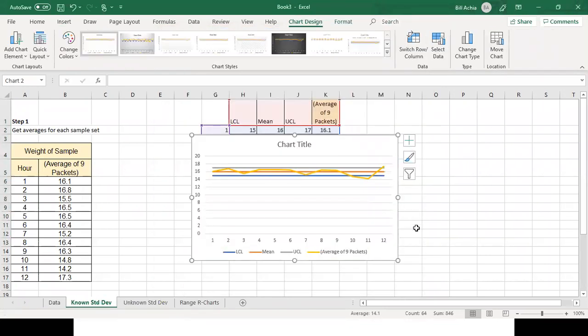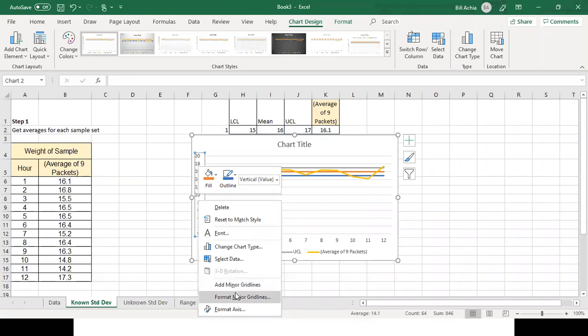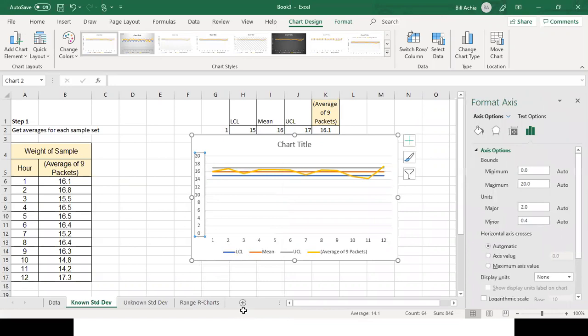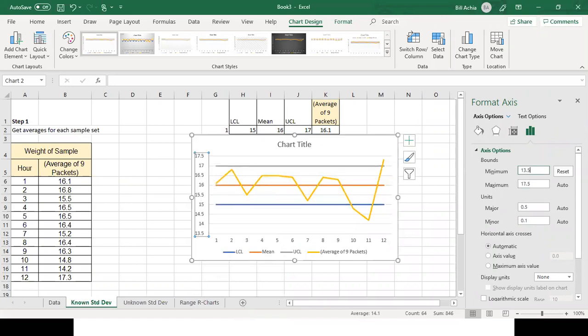Okay, and it looks tiny, so I'm going to adjust my settings on the side here. Format axis, and we're going to start off here. Our lowest value here is around 14.2. So let's make our minimum here equal to, let's do 13.5. See if that works. Okay, so that should work.